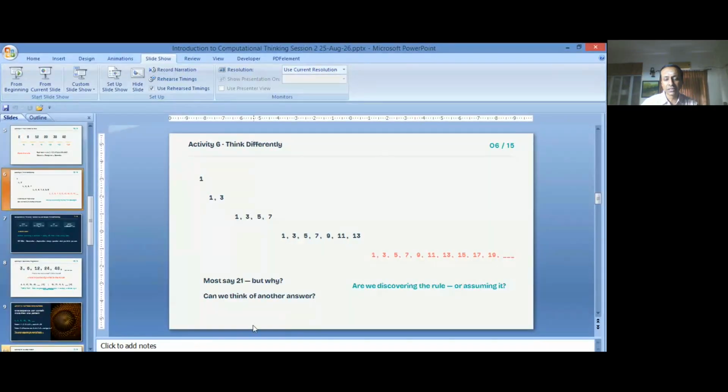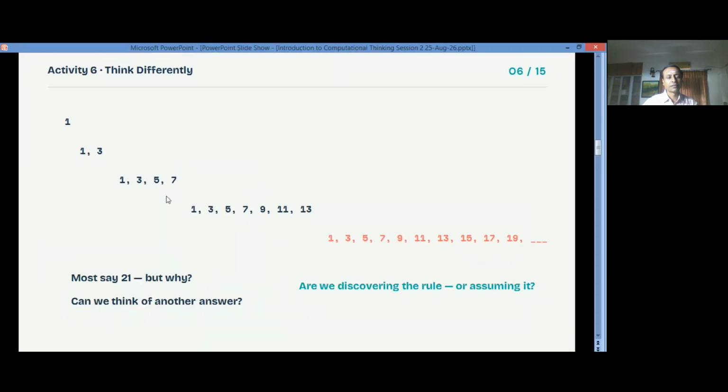Okay, I'll give the answer now, and I'll also give the explanation as to what the answer is. Let us observe the pattern very closely. You see that all the digits in the pattern so far have all been odd numbers, right?